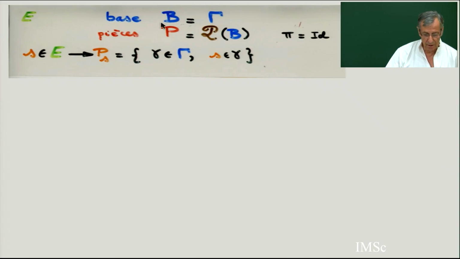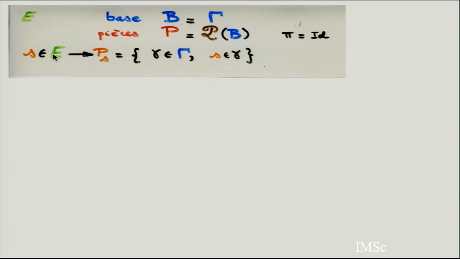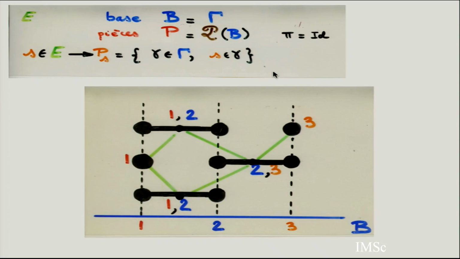Then, this is notation, I take the set gamma and pieces. The basic pieces are subsets of gamma. So to an element S of the partial order of the poset, I define the basic piece P_S to be all the chains which go through the element S. For example, here I have my three chains strongly covering the poset, and at this element I have two chains going through it, 1 and 2.